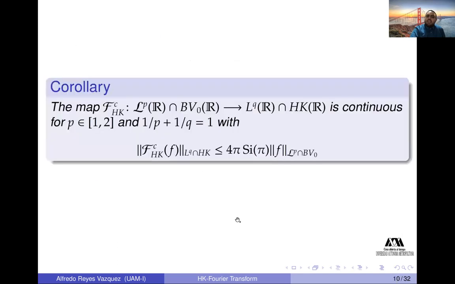Under this condition, we have the following statement. The Fourier cosine transform for the Henstock-Kurzweil integral from this intersection into this other intersection is a continuous map with this inequality holding.